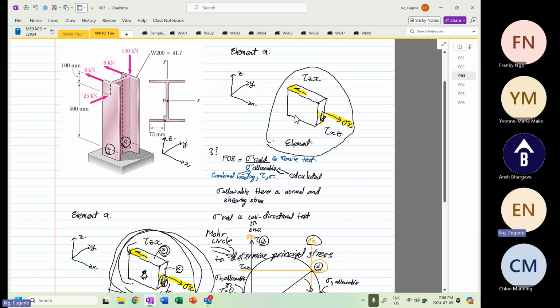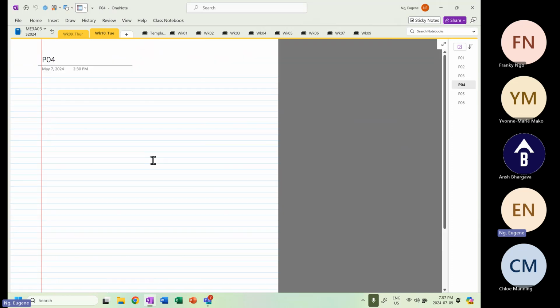What we're going to do is determine a few things. We are going to determine the axial force, the shear force, and the bending moment acting on this structure, and then how we relate to the element. So this is a bit of a revision for the Thursday term test also. So let's look at this example.